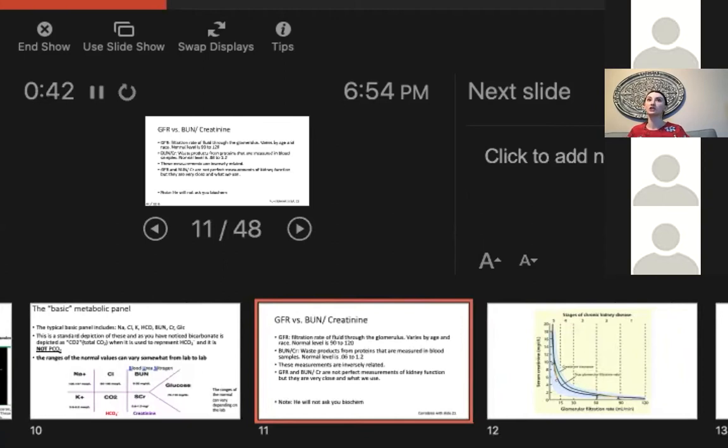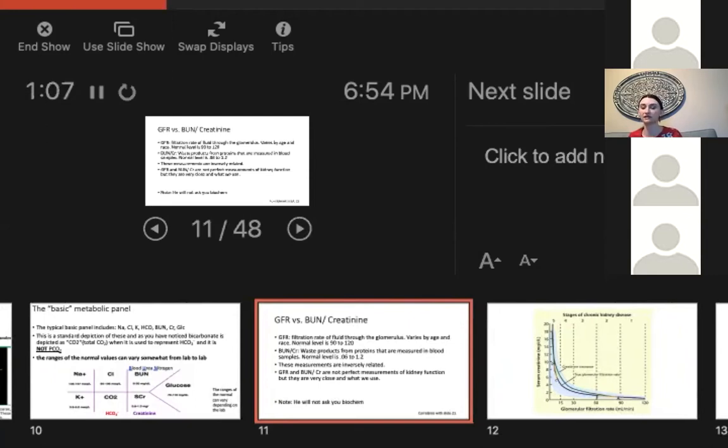So GFR and BUN creatinine are really important things to know. He's not going to really ask you the biochem behind it. He doesn't really care. He may not even remember it anymore, to be honest. So GFR is the filtration rate through the glomerulus, and it's going to vary by age and race.